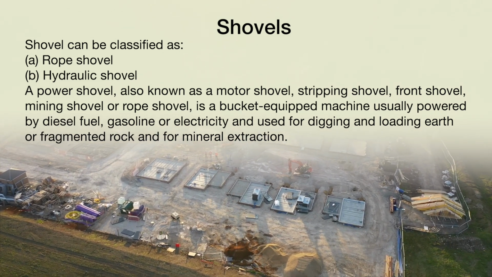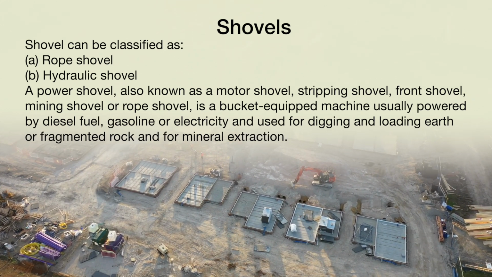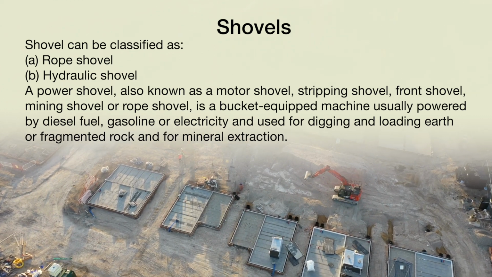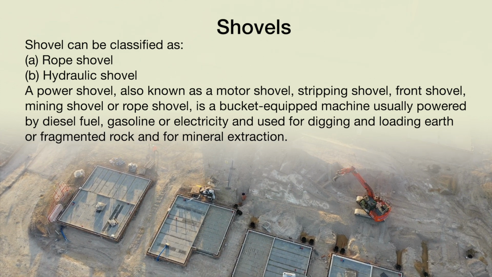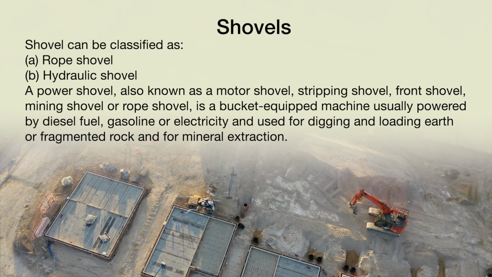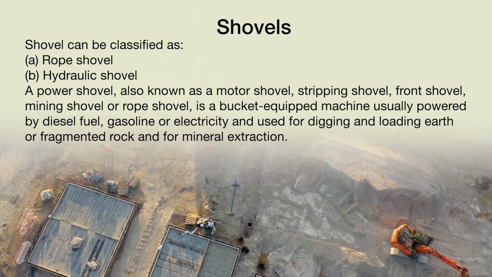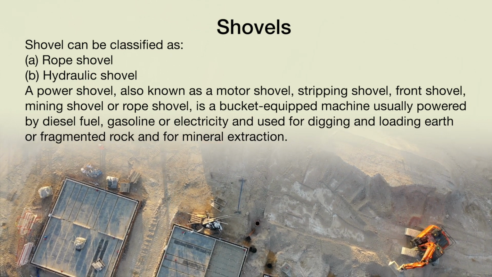A power shovel, also known as motor shovel, stripping shovel, front shovel, mining shovel or rope shovel, is a bucket equipped machine usually powered by diesel fuel, gasoline or electricity and used for digging and loading earth or fragmented rock and for mineral extraction.